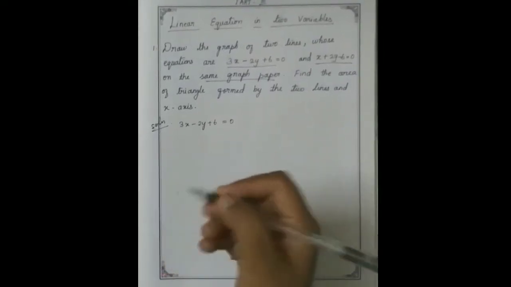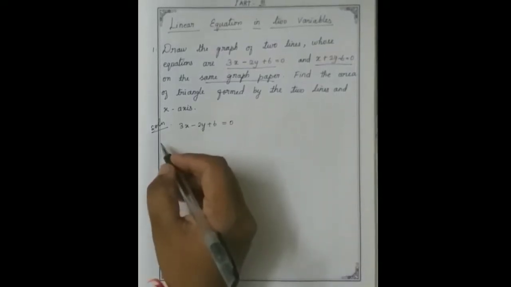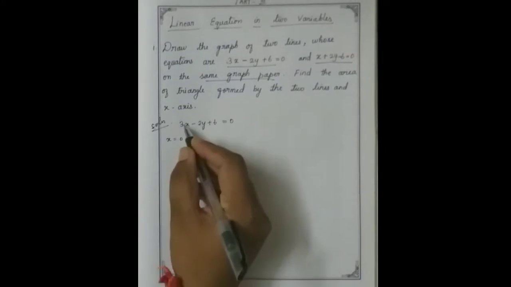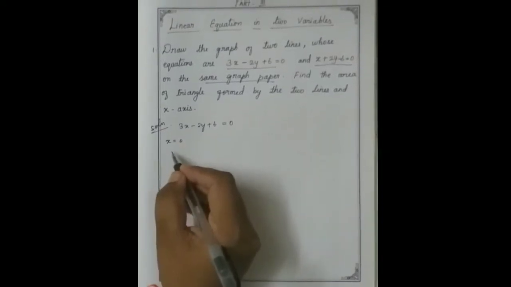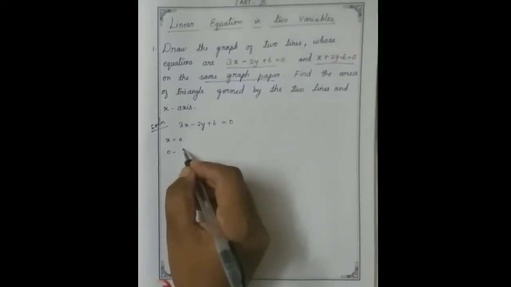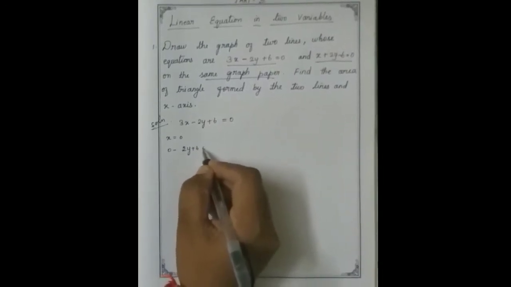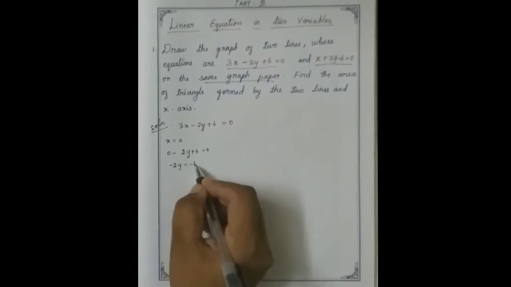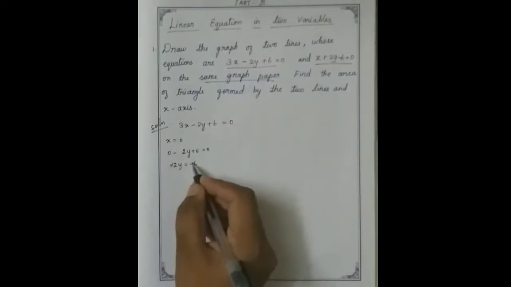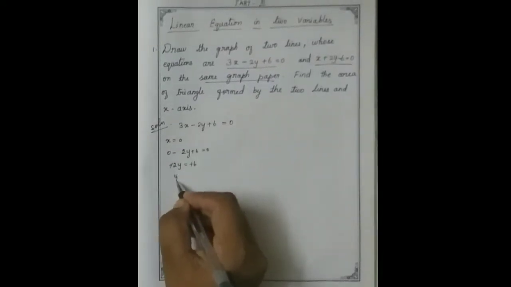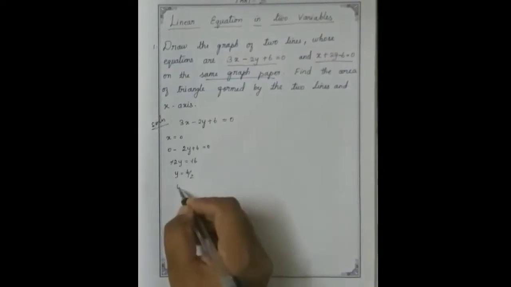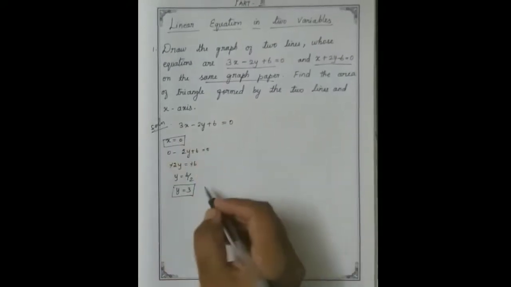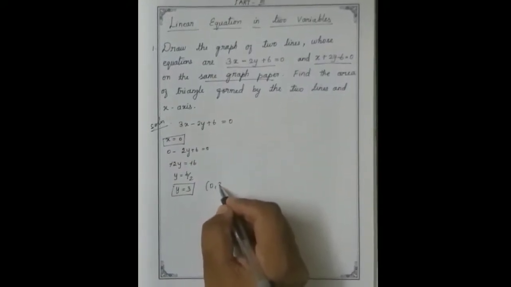So substituting the value of x for this equation, x is equal to 0, then 0 minus 2y plus 6 equal to 0, then minus 2y is equal to minus 6, therefore minus minus get cancelled on both sides, y is equal to 6 by 2, y is equal to 3. So when x is 0, the value of y is 3.